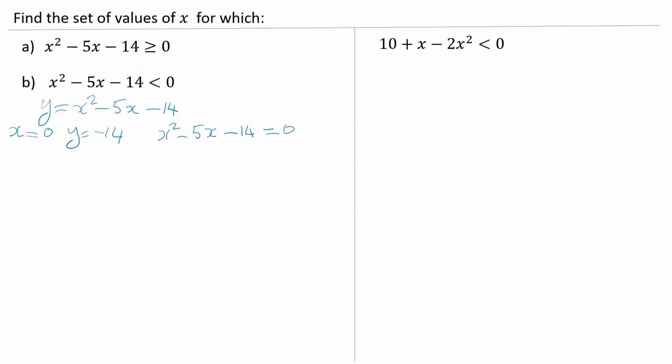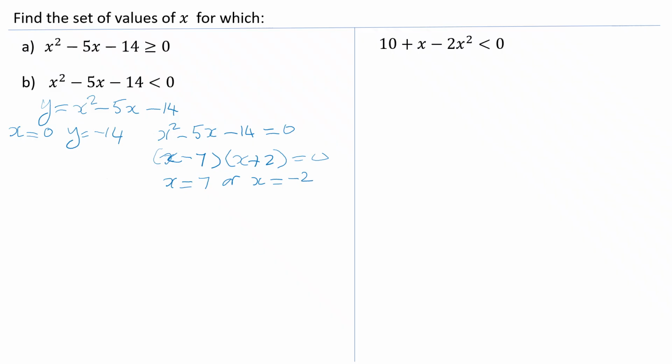Then factorize. Multiply to negative 14, add to negative 5. So minus 7 and plus 2. So x minus 7 equals 0, x equals 7. x plus 2 equals 0, x equals minus 2.